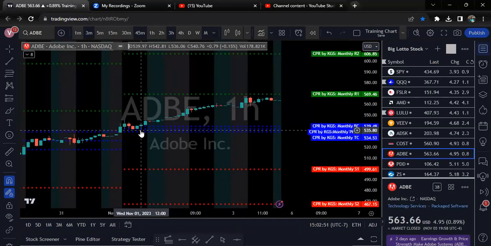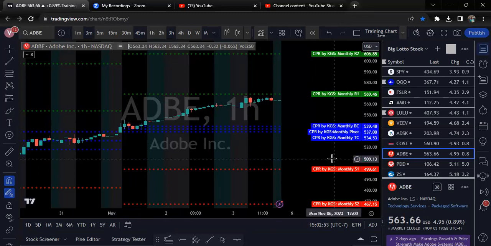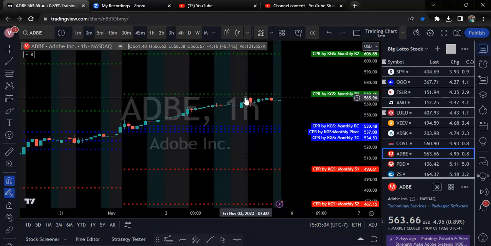Like here, ADB, it was above CPR, 430, 439. If it's above 439, the next level is 469. And you see, it almost touched 469 on Friday. So if it breaks 469, it's telling you in the month, it can go all the way to 606.